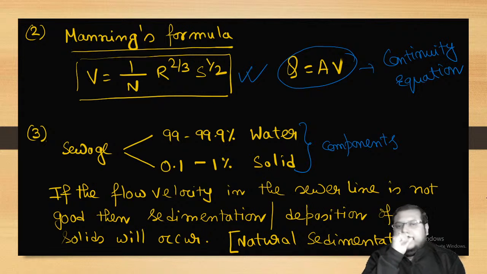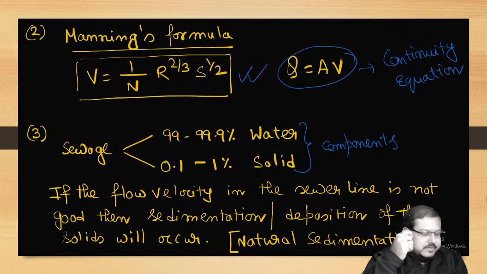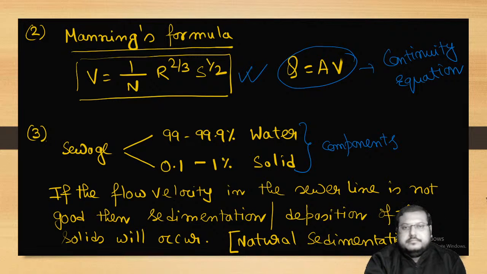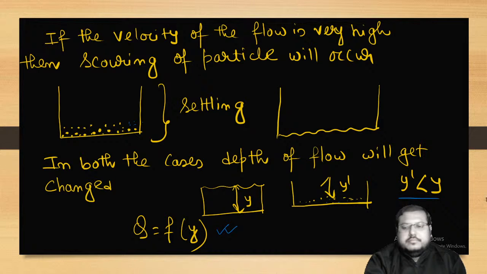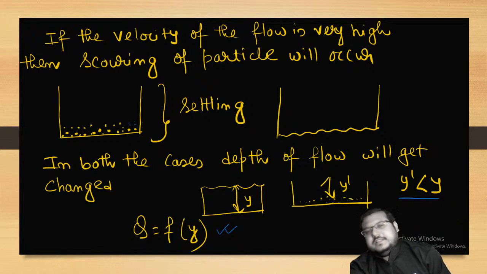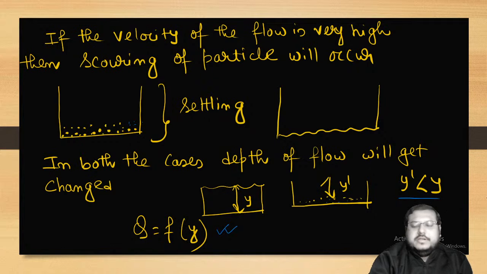Sewage is 99 to 99.9% water and 0.1 to 1% solids. If the flow velocity in the sewer line is not good, then sedimentation, deposition of the solids, will occur. It's called natural sedimentation. So self-cleansing velocity is actually doing scouring here, because natural sedimentation, the particle settling process, is not desired here.